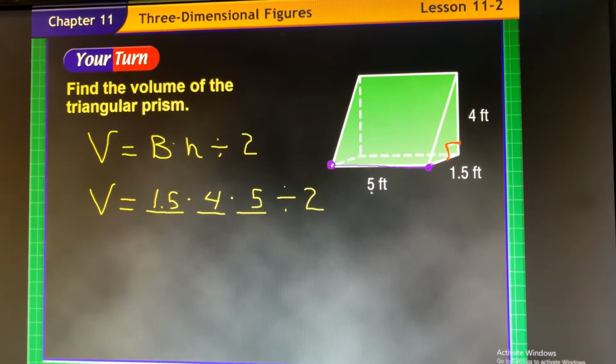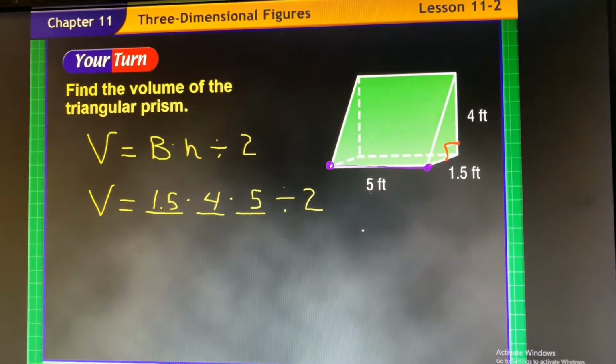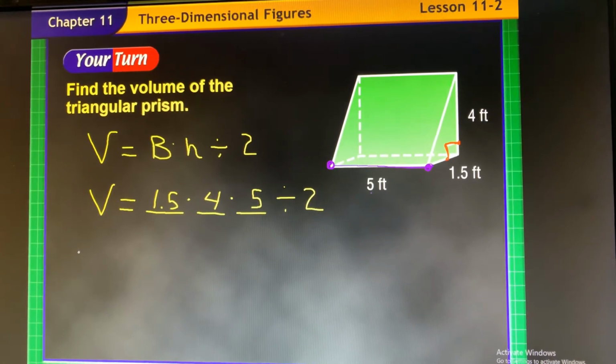That makes that the height of the whole figure, okay? So 1.5 times 20, and then divide the whole thing by 2, and you end up with 15. So your volume is equal to 15 feet cubed.